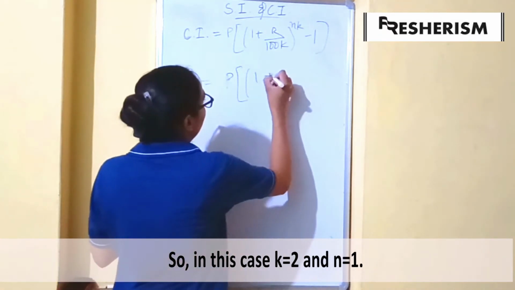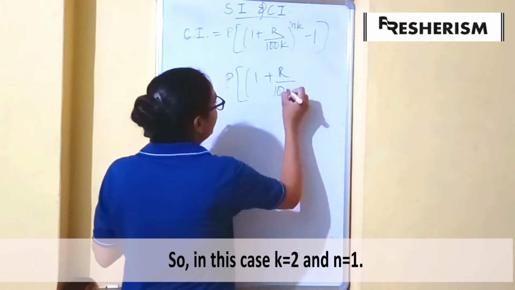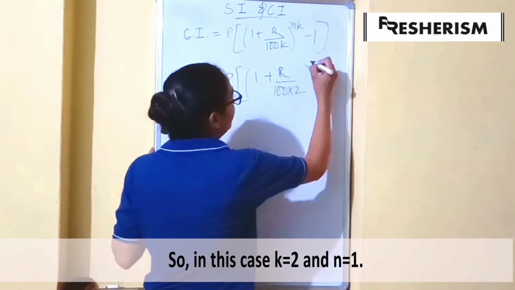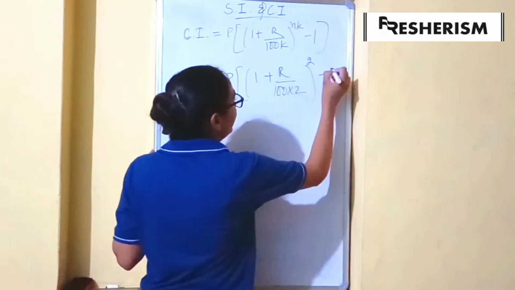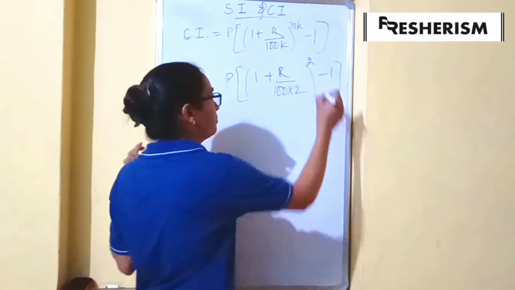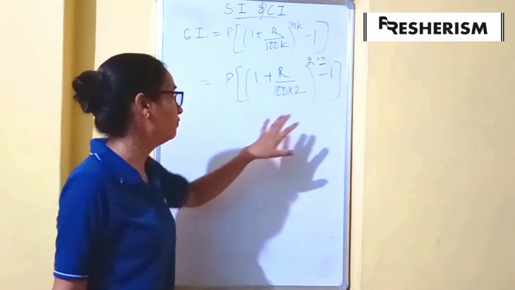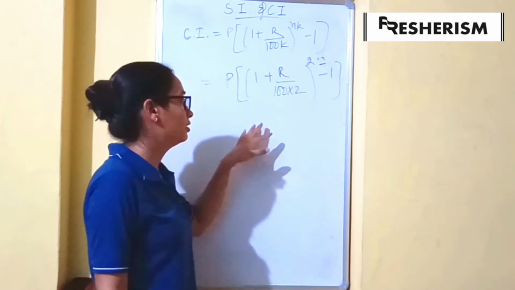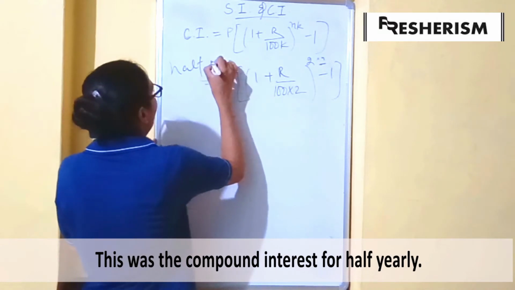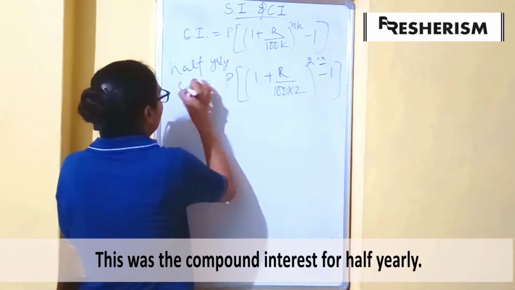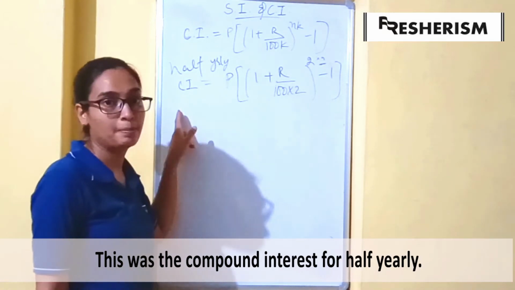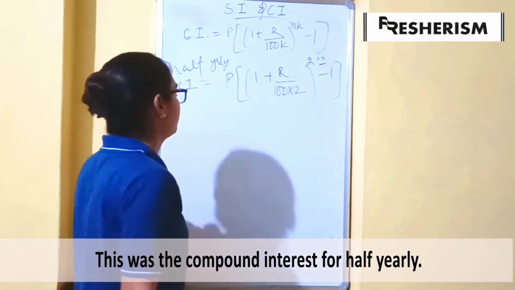It would become P times ((1 plus r by 100 into 2), as there are 2 conversion periods, raised to the power 2 minus 1). And if there are n number of years, then we can multiply it by n. But for now, we are calculating it when the loan period is 1 year. This is the compound interest when the interest is compounded half yearly.